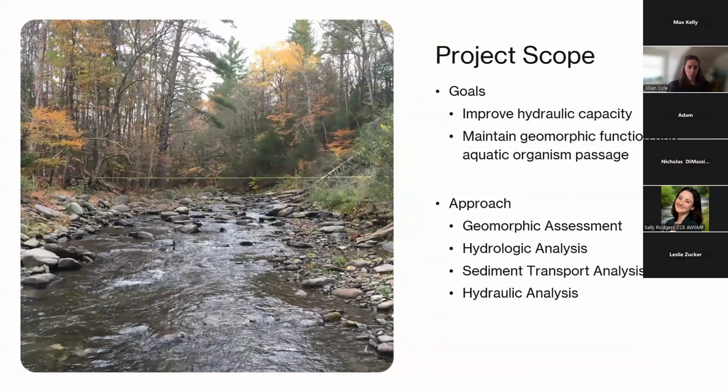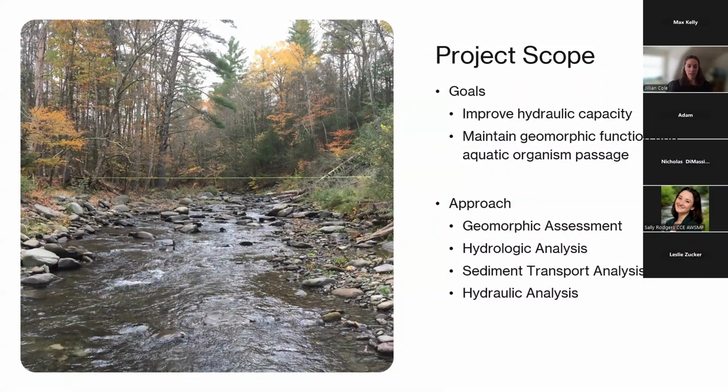So the goals for the project were to improve the hydraulic capacity of the bridge to the greatest extent possible, as well as maintaining the geomorphic function and aquatic organism passage. The project approach included doing a geomorphic assessment. You can see here in this picture, we have a table across here. We did several cross sections upstream and downstream of the bridge.